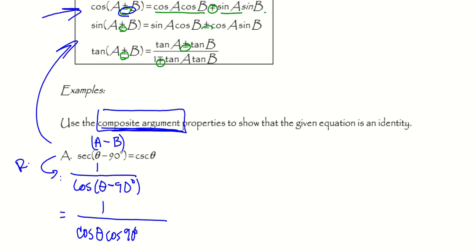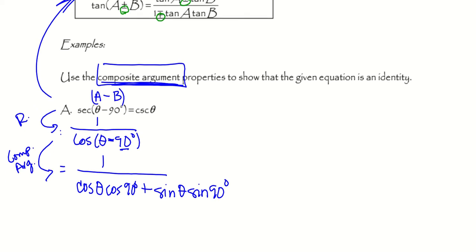And where this is minus, I'm now going to add, so we will add the sine of my A, which is my first angle theta, times the sine of B, which is the second angle here, which is 90 degrees. Okay, so I went from here to here using my composite argument property. We can call that a composite angle property as well.